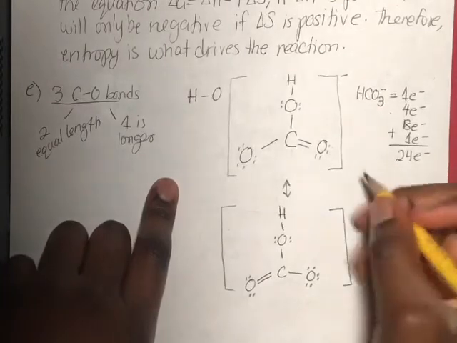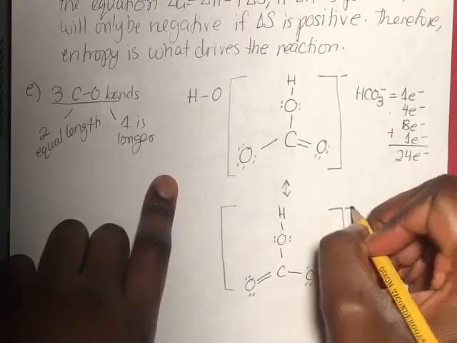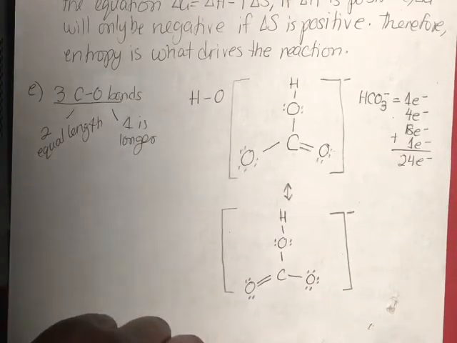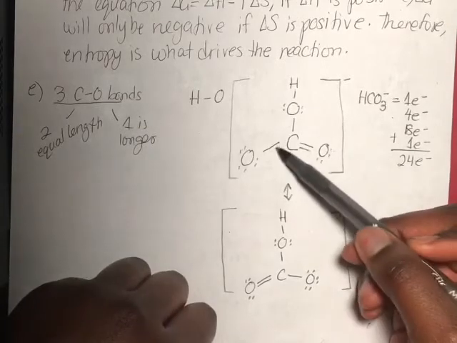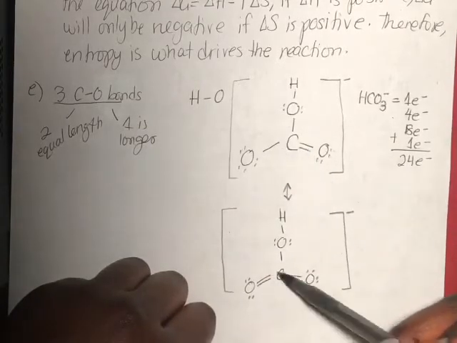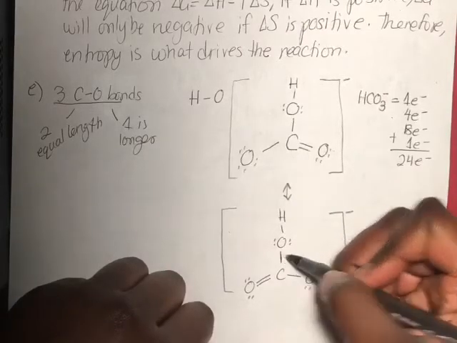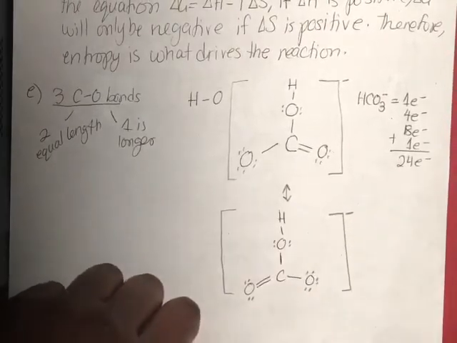Everyone's happy, and the negative symbol because it's an anion. And please, please, please do not forget to make one of the bonds longer. So I just made this one longer, and then these two equal, because that was one of our requirements.